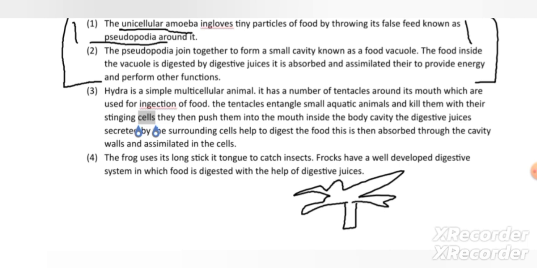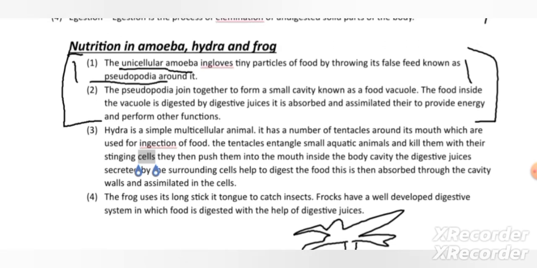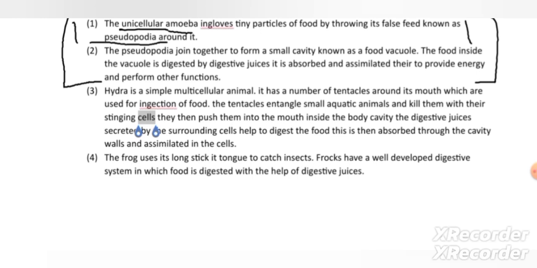The tentacles around its mouth are used for ingestion of food, meaning taking in of food. We have learned the definition of ingestion. You can note this down in your notebook.